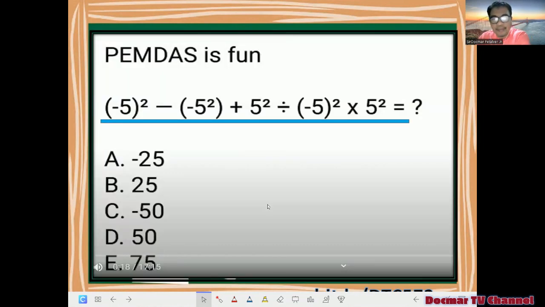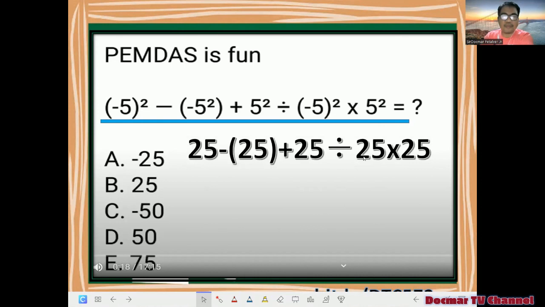Take note that PEMDAS is fun. So we included the parentheses. Negative 5, open parenthesis, negative 5, close parenthesis, raised to 2, minus the square of negative 5, plus 5 raised to 2, divided by negative 5 quantity raised to 2, times 5 raised to 2. Okay. So what shall we do? We follow the operations.